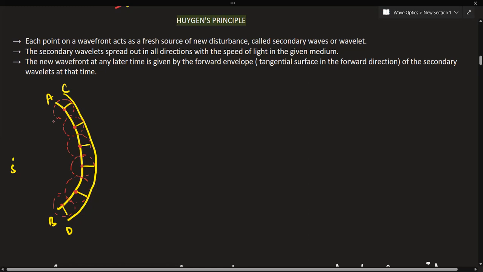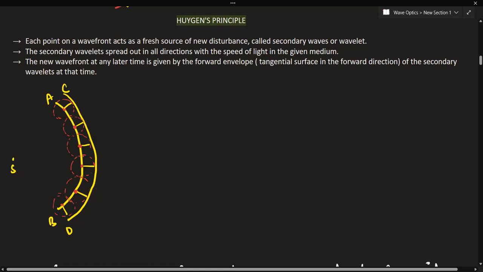Now, to find the new wavefront after time t, we draw spheres of radius ct, meaning speed of light multiplied by time t. The forward envelope or the tangential surface CD of the secondary wavelets, these red lines representing the secondary wavelets, gives the new wavefront after some time, let's say t. So this is what was written.